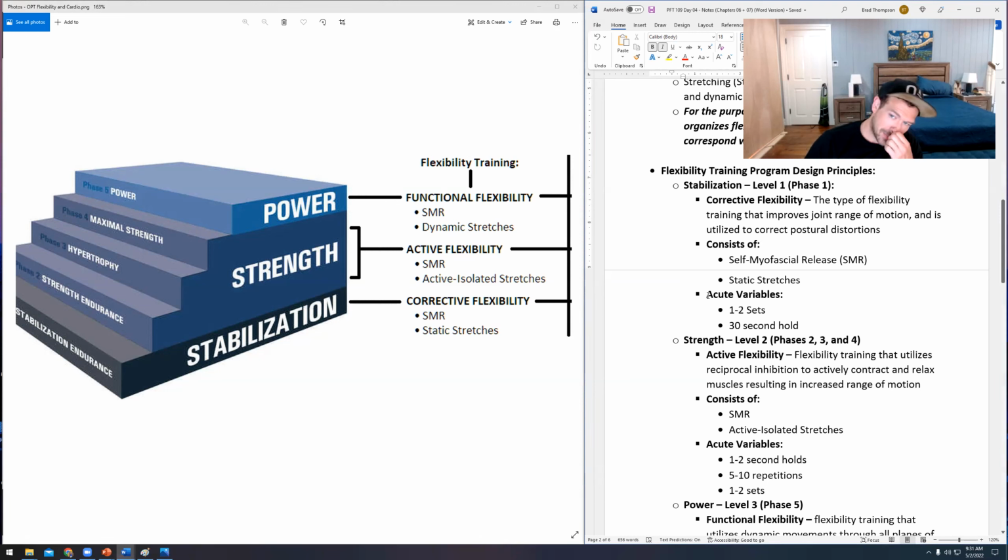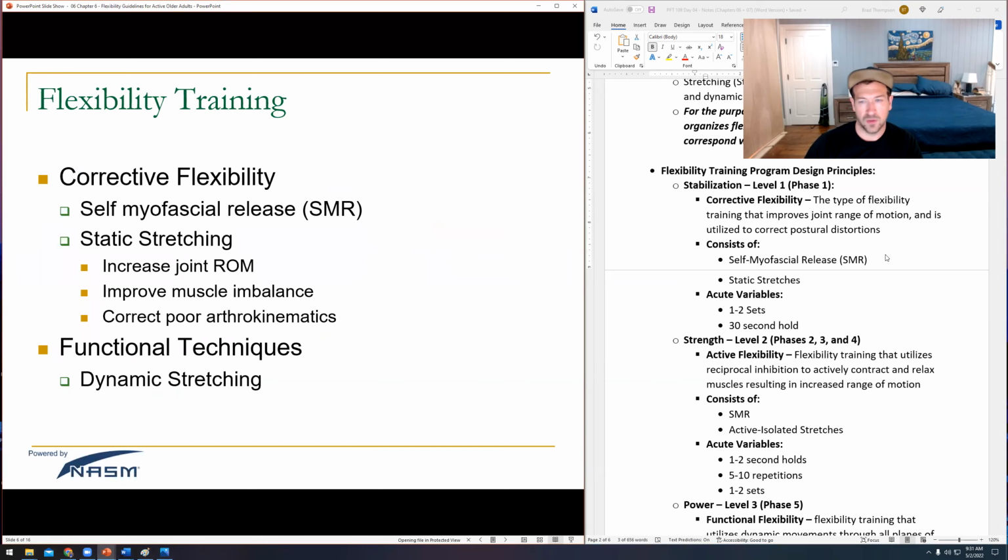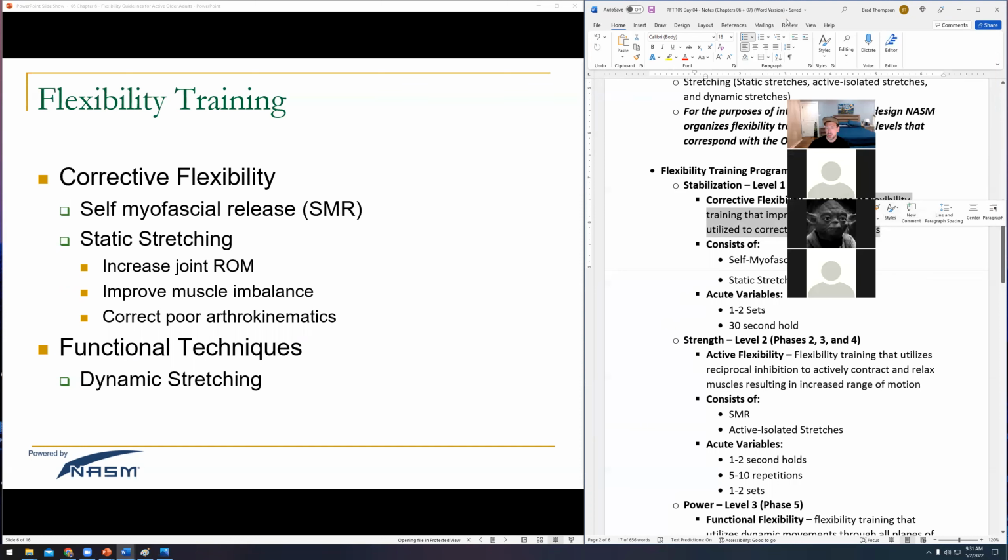Corrective flexibility is the type of flexibility training that improves your joint range of motion, and it's used to correct postural distortions. When it comes to a really tight muscle, corrective flexibility is probably the best tool bag for getting that muscle to fully relax through a full range of motion.